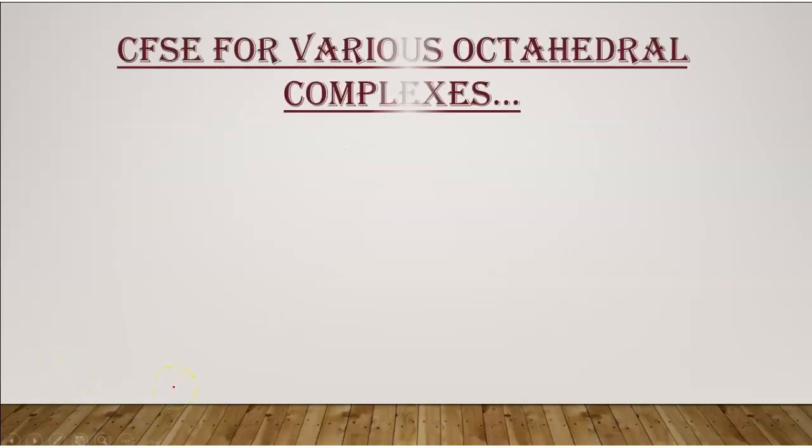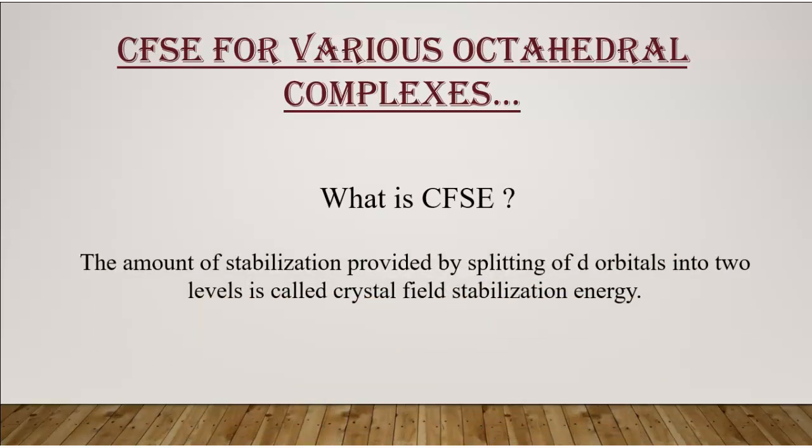Alright, so what we are going to see over here is your crystal field stabilization energy or crystal field splitting energy for various octahedral complexes. But you should know what is CFSE, right? The amount of stabilization provided by splitting of the orbitals into two levels is called crystal field stabilization energy.